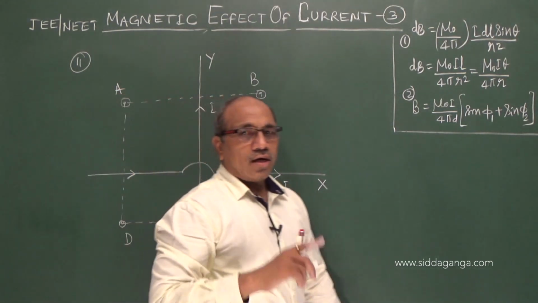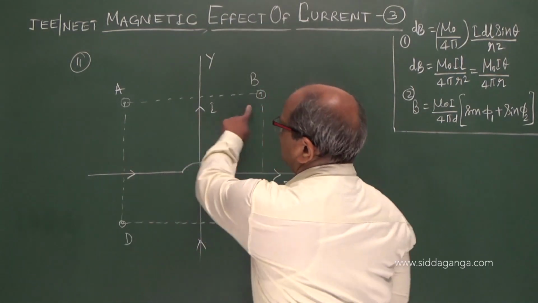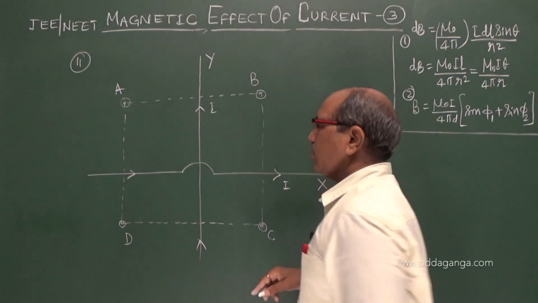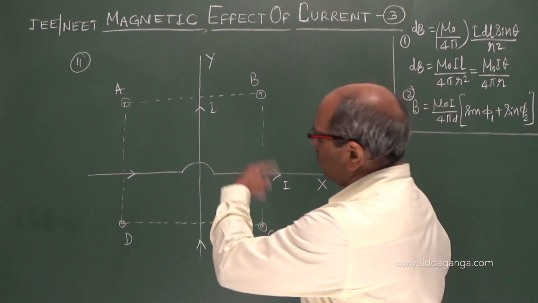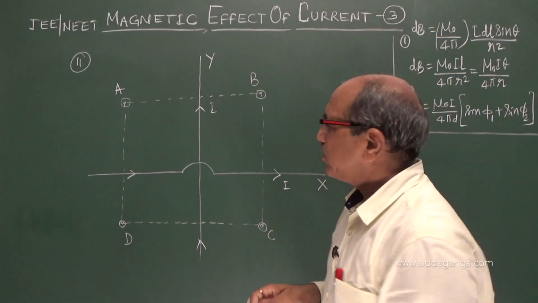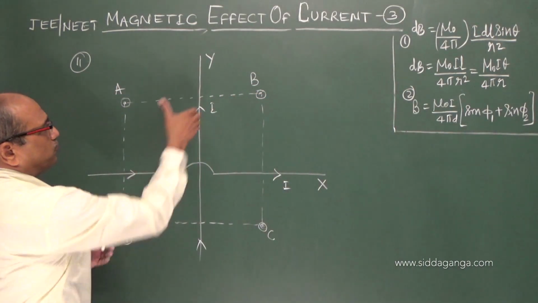Now out of these four corners, the distances are the same. The question is where the magnetic field becomes 0. Is it at all points? At no point does it become 0? Let us see the point A. Current is upward.